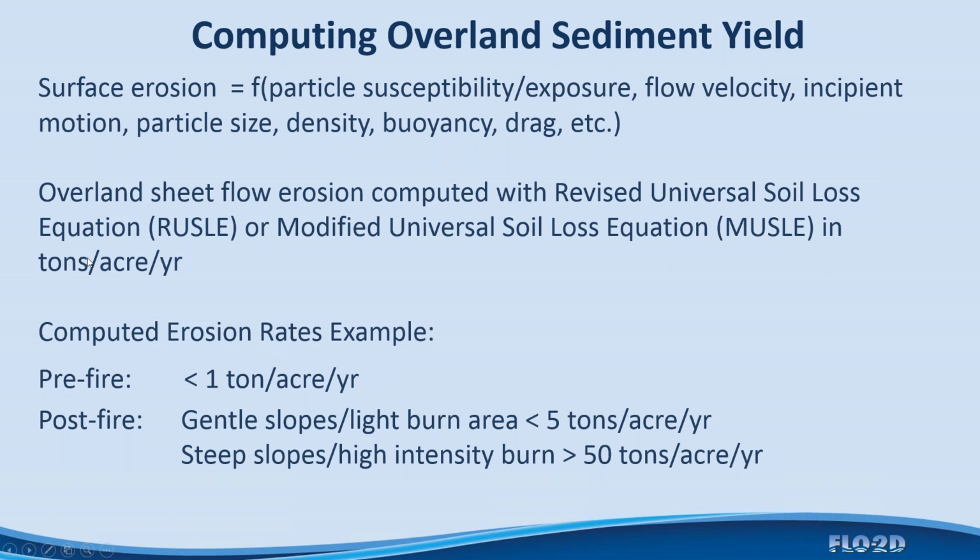These are typically a yield rate in tons per acre per year or so, and you'll want to compare these maybe with a pre and post fire condition if that's what you're trying to do, is estimate the potential for mud flow after a burned condition. And they can be pronounced, much different from the pre-fire condition.